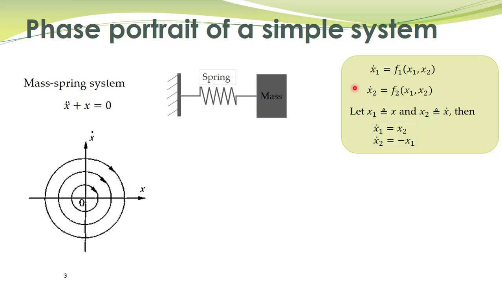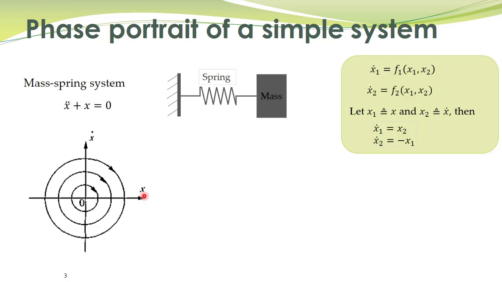So for this system, the phase portrait is given by this graph. Here on the horizontal axis we have x or x1, x and x1 are the same. On the vertical axis we have x dot and x2, which are the same.